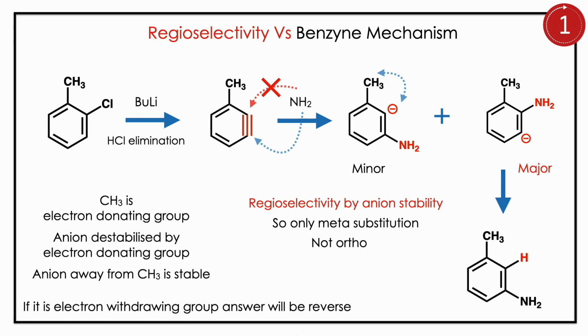An electron donating group is here, and it destabilizes the anion, so the anion forms away from methyl. You have the major product, which is meta. Here regioselectivity is only at meta, not at ortho or para. So regioselectivity by benzyne formation. The benzyne mechanism is important for regioselective reactions.